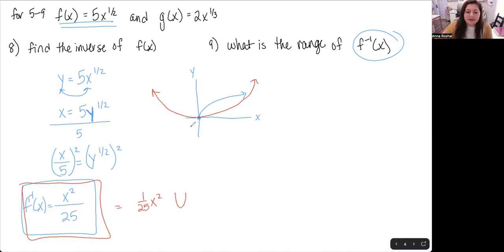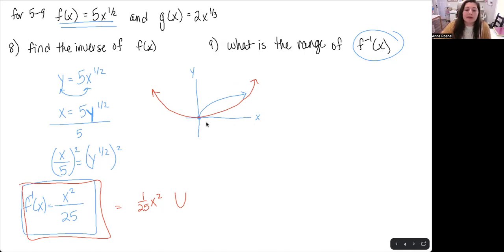We also know that I can't possibly have both of these as my range because my original function just starts off with part of my quadratic function, part of my x squared graph. So in order for me to make sure that I get the right range of my inverse function, I have to determine what is really the look of the function originally.